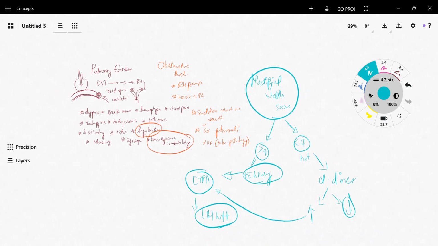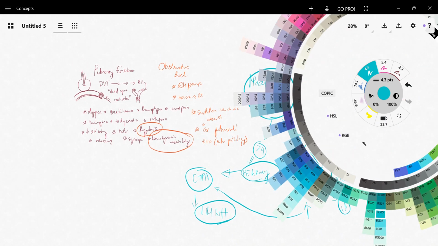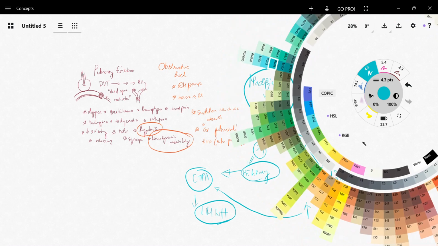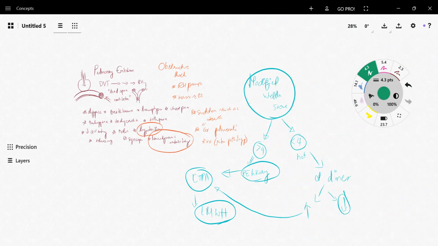And one more thing that you want to pay attention to is that let's say there is a hemodynamically unstable patient, or you have a particularly massive pulmonary embolism. That is when you want to thrombolyse the patient.